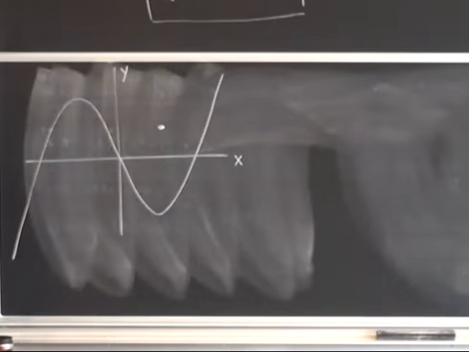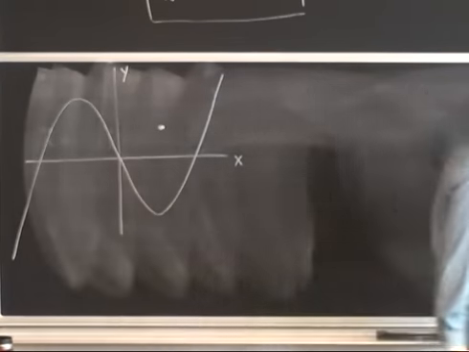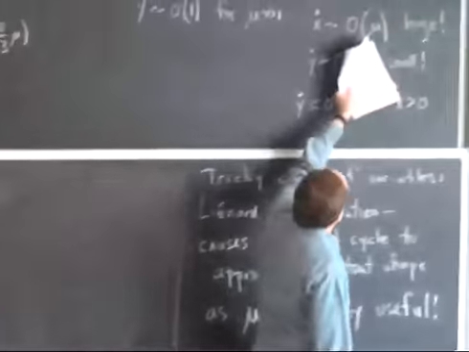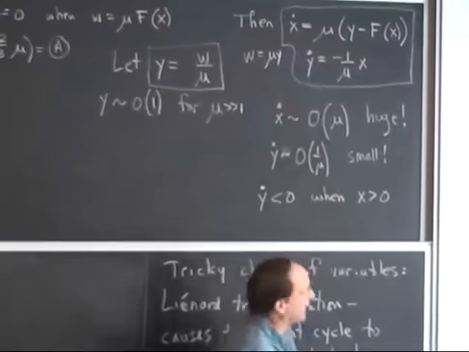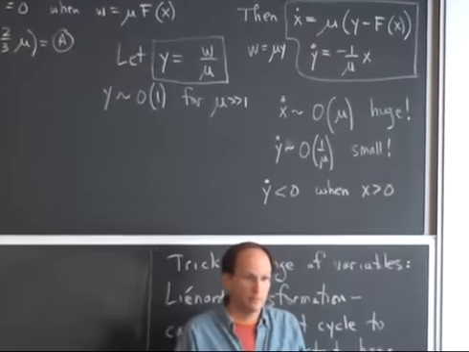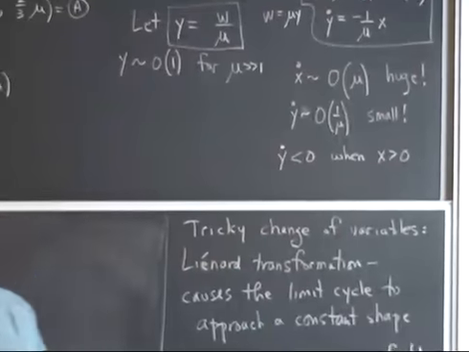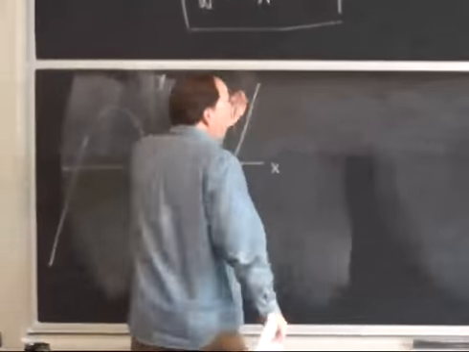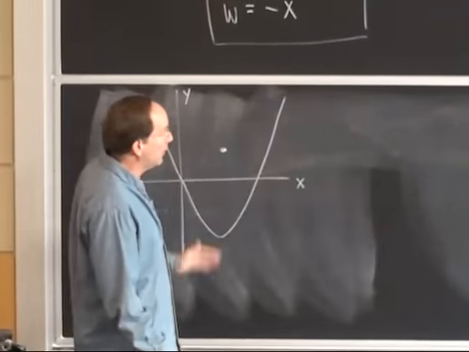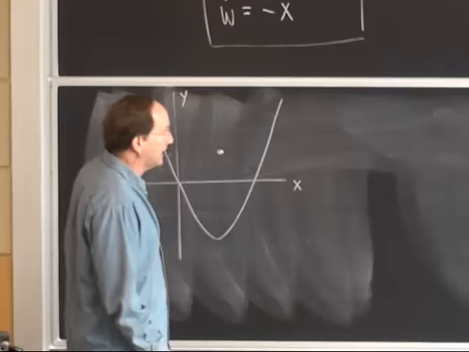Then, as we said, the first thing that happens is x dot is gigantic because, actually, let's be a little bit careful. I said x dot is order mu. Now, that's true if y minus f of x is order 1. Right? That is, if we're not on the curve, if we're not on the nullcline, y minus f of x is some number of order 1, and then x dot will be gigantic.